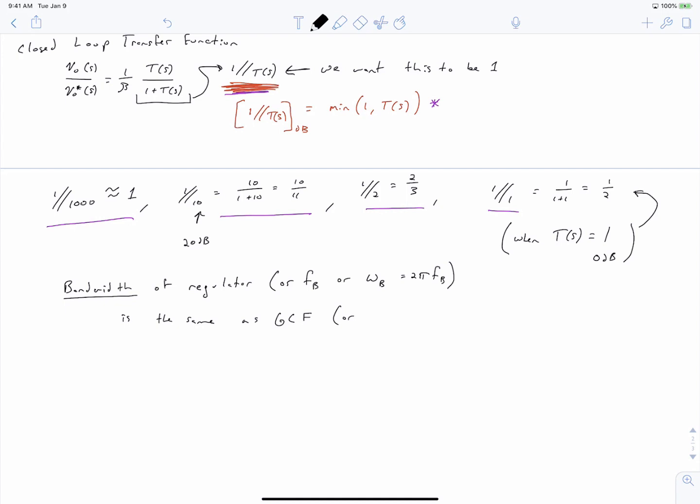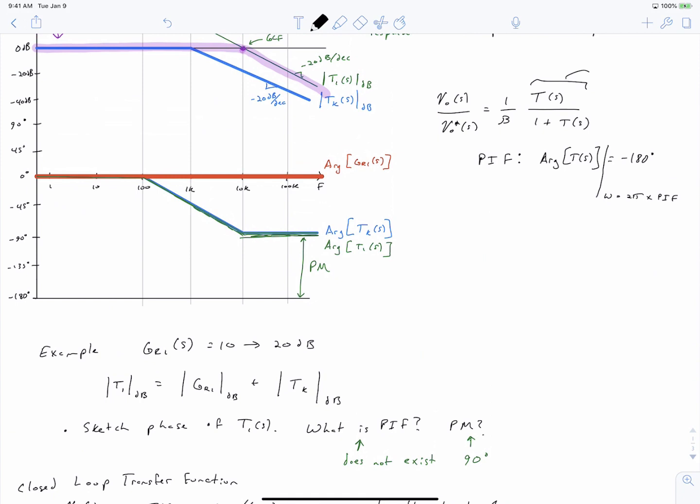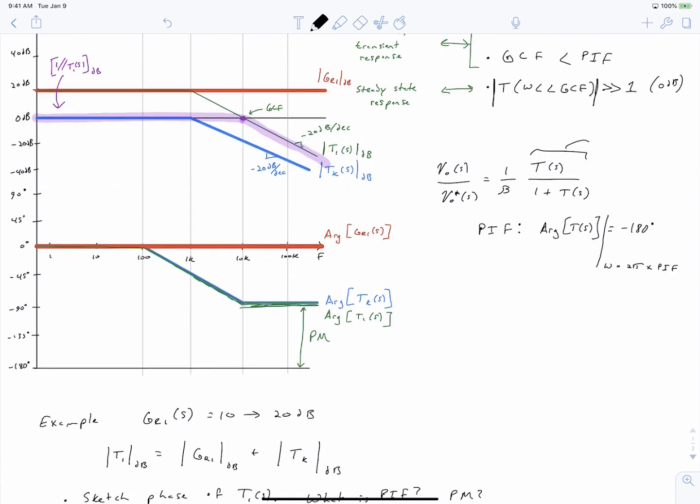And the gain crossover frequency in some places will be called f sub c, or omega c equal 2 pi f c. Okay, so we've now introduced this concept of bandwidth, and we've talked about the parallel operation, by looking at the parallel implementation of 1 and your loop gain transfer function T of S, and showing how it takes this path here.